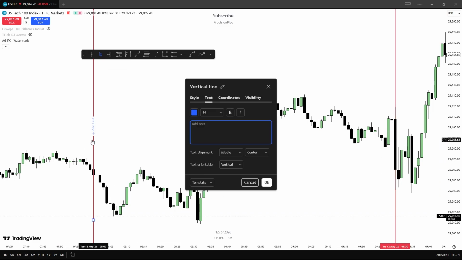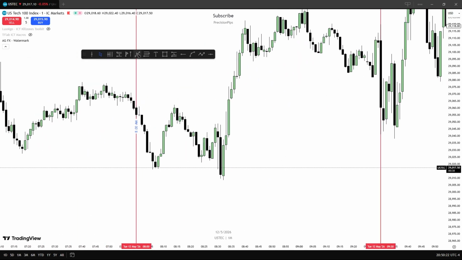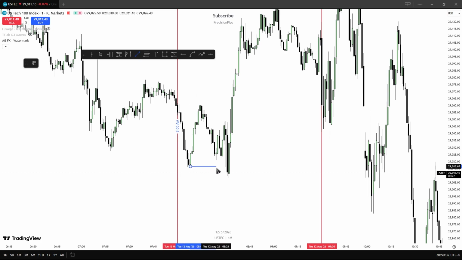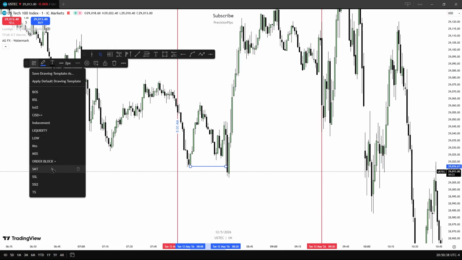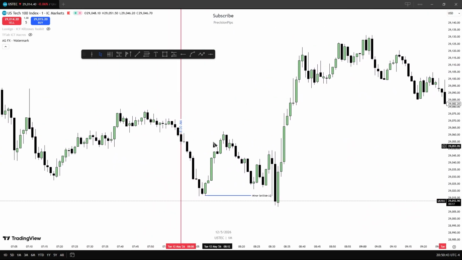So we mark out the low of the 8 a.m. session created, which is right here, the sell side liquidity. So basically what we said, we need to see a liquidity sweep, which occurred on this intermediate low.